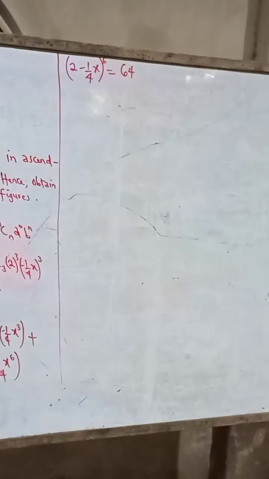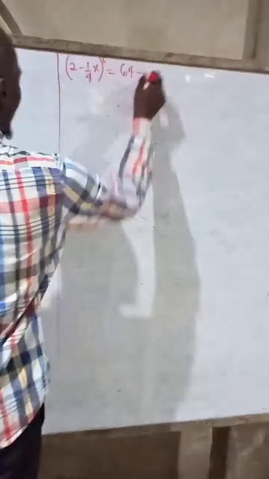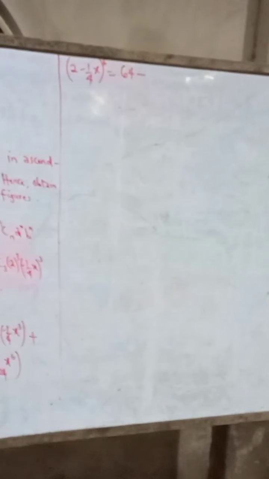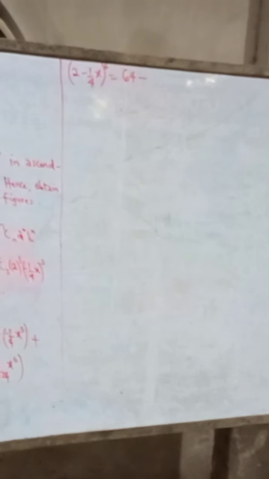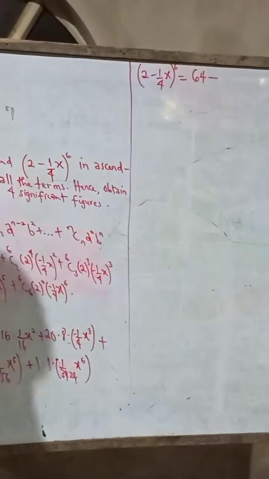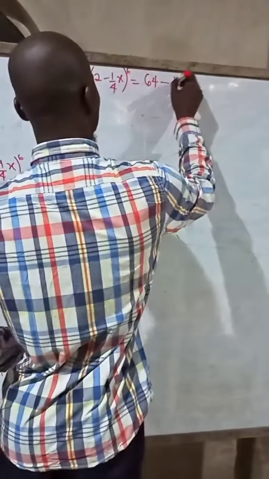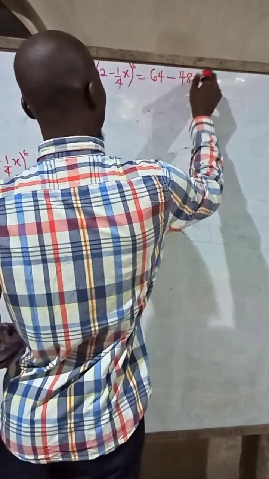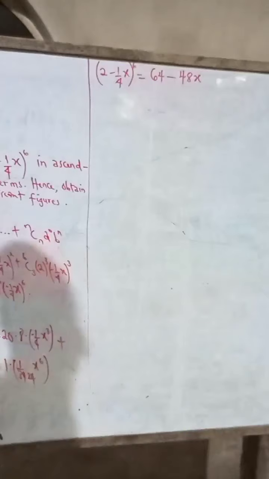The next term is going to be negative because plus times minus will give us minus. So we'll be having 6 times 32. We can reduce this: 4 can go here once, and 4 can go here 8 times. Then we have 6 times 8, which will give us 48x raised to the power of 1.